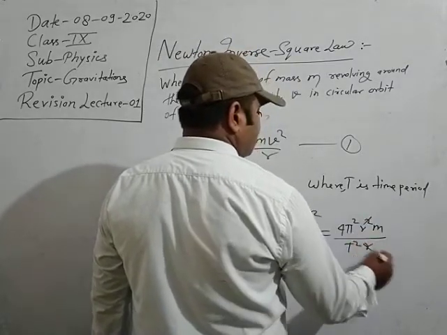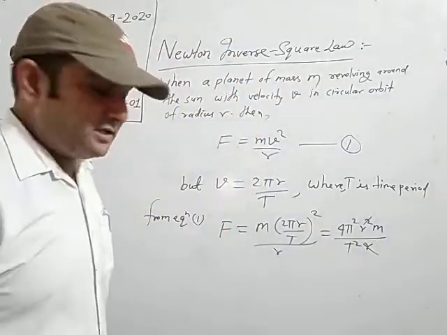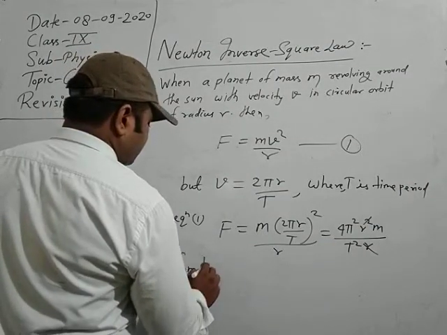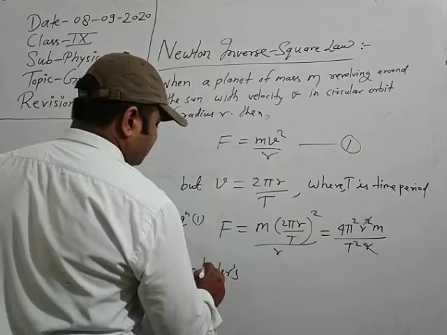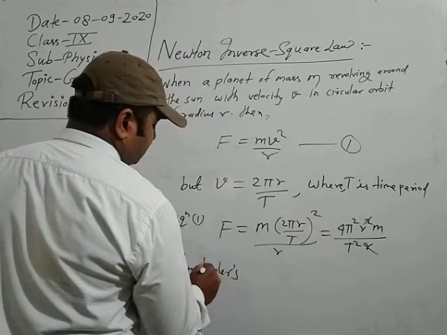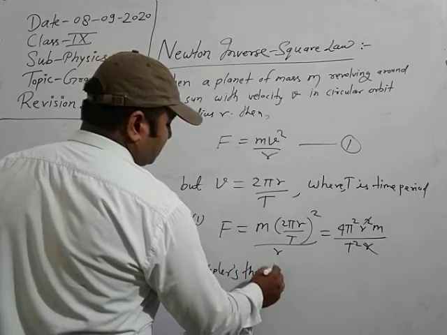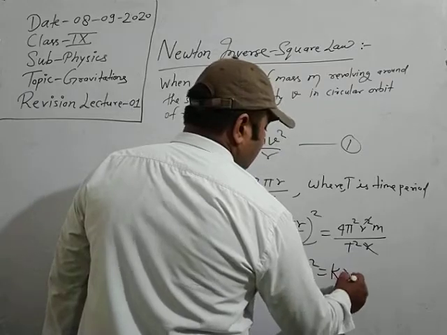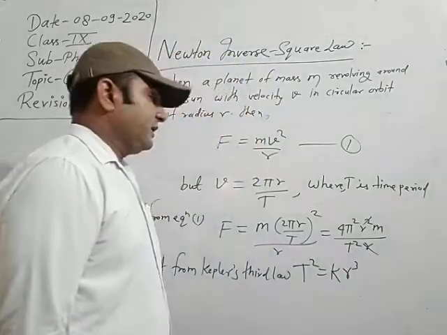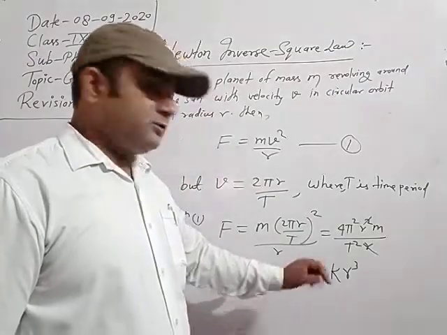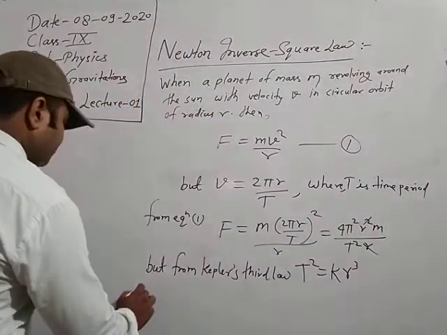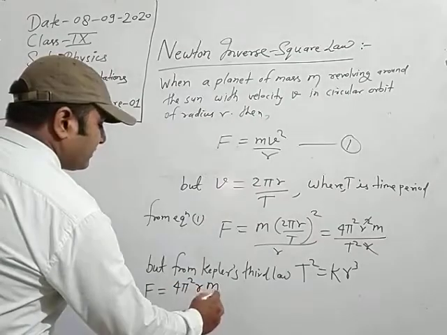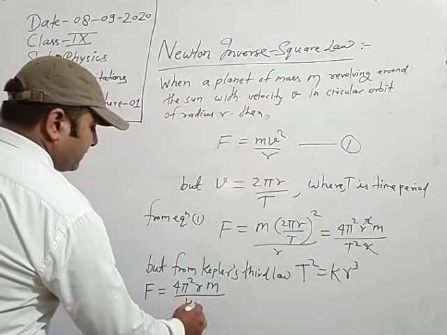So one r will be cancelled out. But from Kepler's third law, T square is equal to k r cube. So we will use the concept T square is equal to k r cube. Then F is equal to 4 pi square r m upon k r cube.